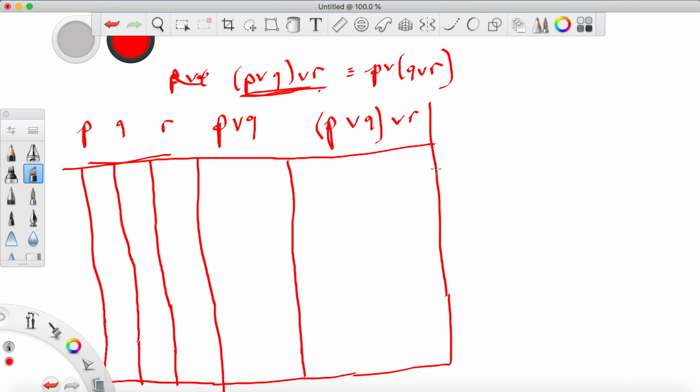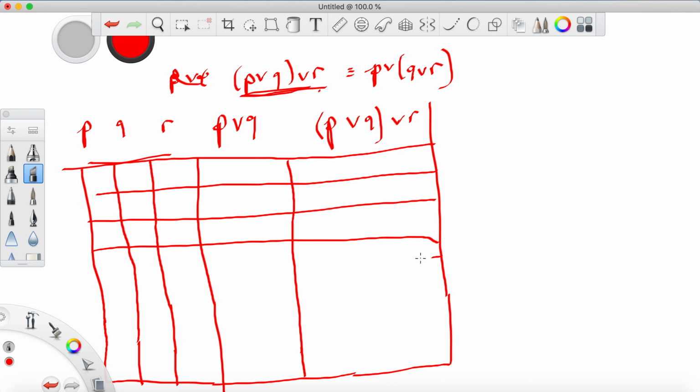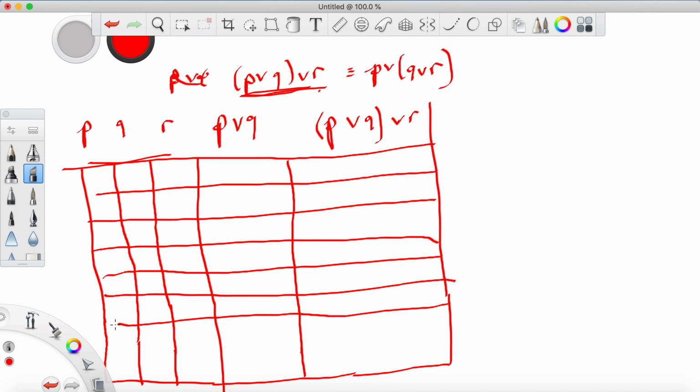Okay, so 8 rows. First, we're going to assume that everything is true. Then we go through and make the last one false.